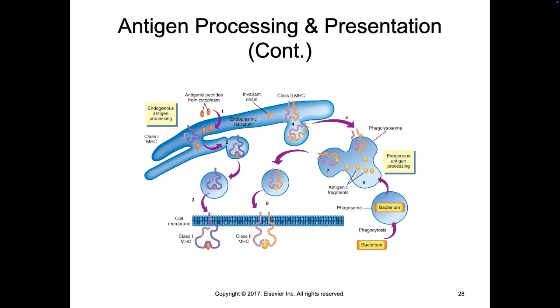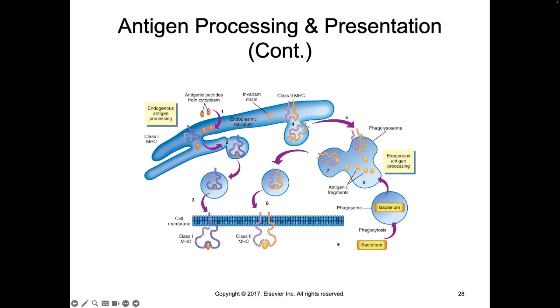And the way this operates, okay, antigen processing and presentation, with endogenous processing, we generate the polypeptide inside the cell, all right. Antigenic peptides from the cytoplasm combine with it and they make a complex, all right. And then that gets presented with a class 1 MHC on the cell surface, okay.